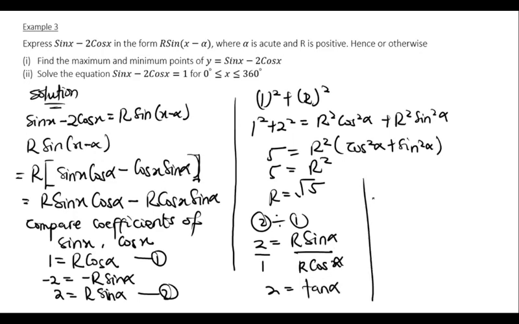So we have alpha is equal to tan inverse of 2. So our alpha is equal to 63.4 degrees. All right, so if this is the case, let's go ahead and finish with the solution.